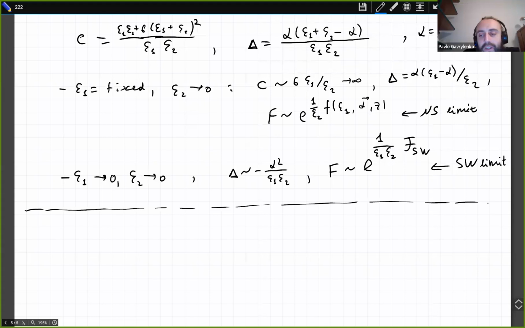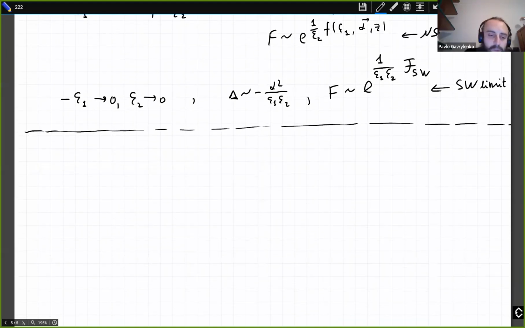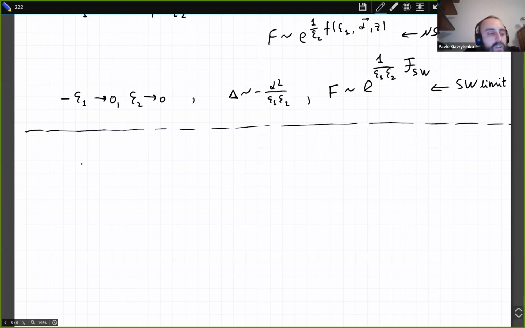Now let me tell one funny thing, which is more or less obvious, but nevertheless nice. So let us try to solve the classical Liouville equation. Try to imagine that we are finding a solution of this saddle point equation.